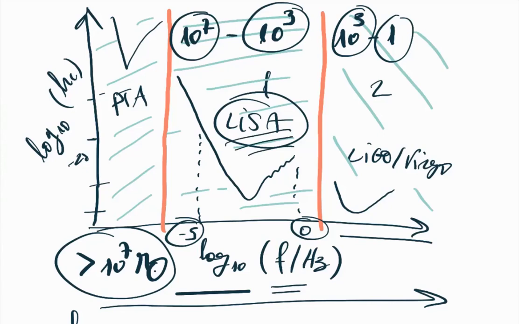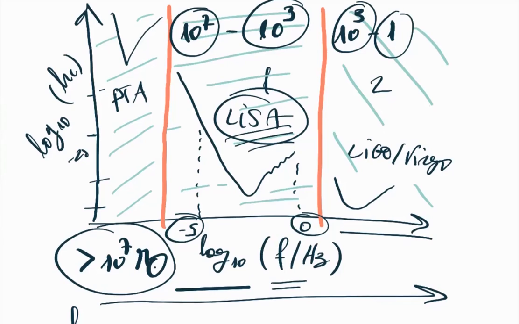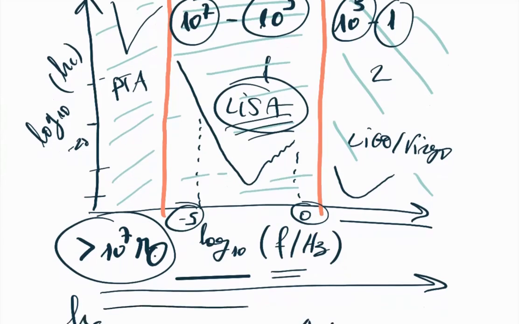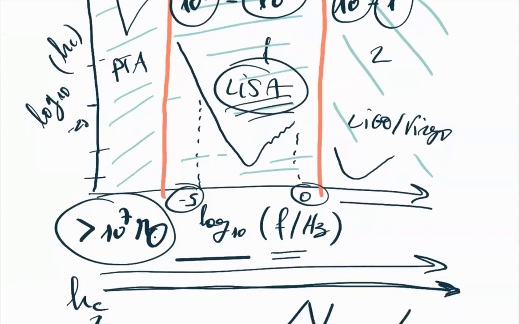Now, there is another interesting correlation that you can get out of this diagram. The same way that moving from the left to the right over here implies moving from more massive to less massive, moving from the left to the right over here means spending less and less time in the band of the detector. Why is that?